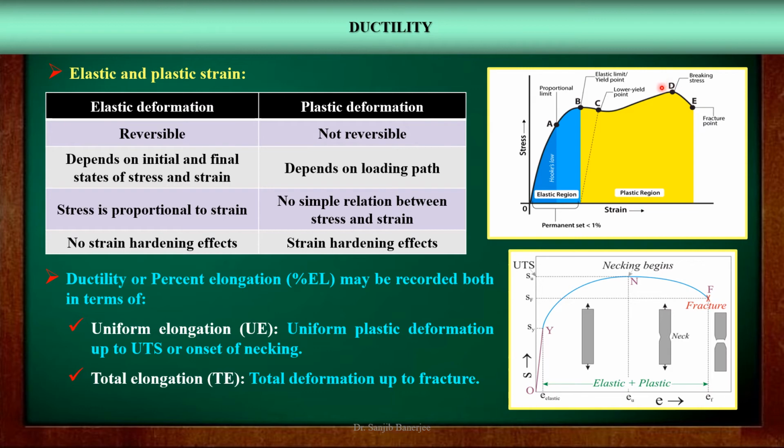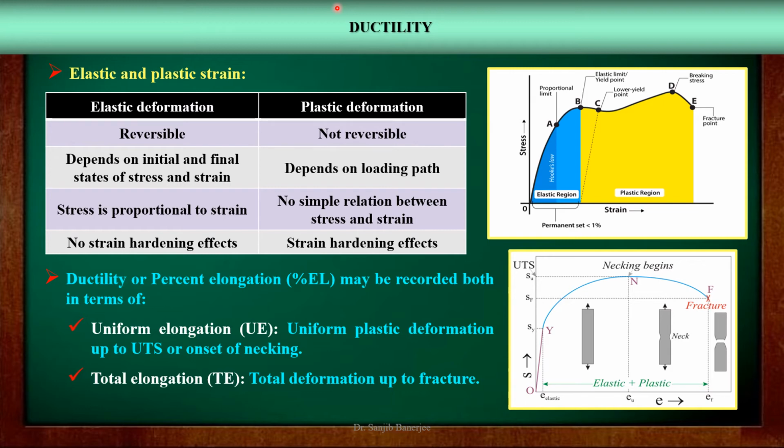So this entire yellow region up to fracture is the plastic region, and this deformation up to the fracture point is the plastic deformation. Now let us check out few significant differences between the elastic and plastic deformation.